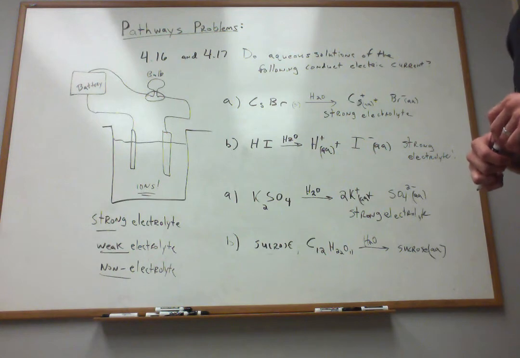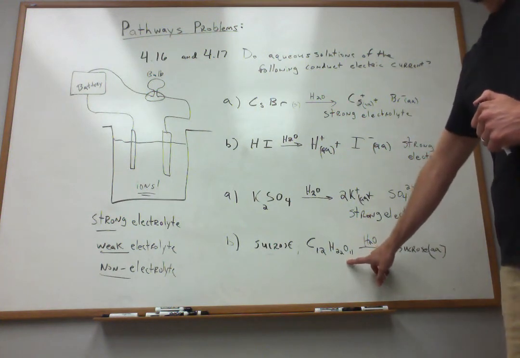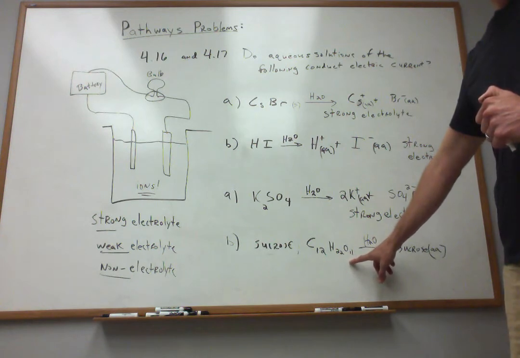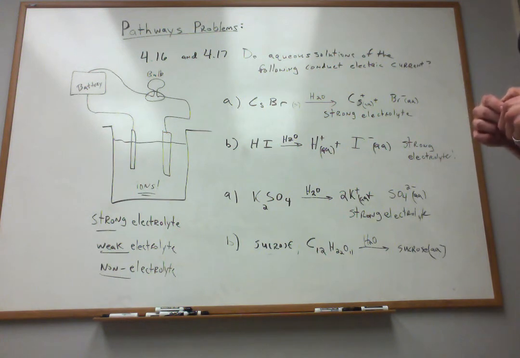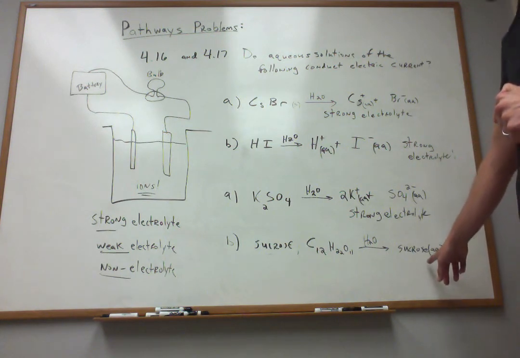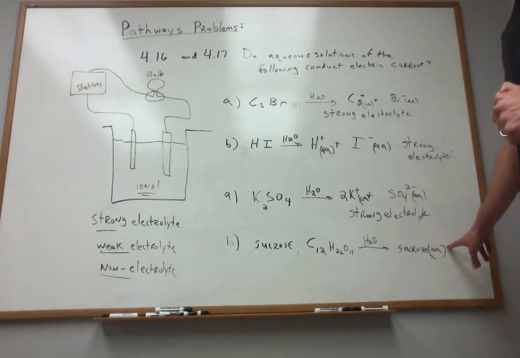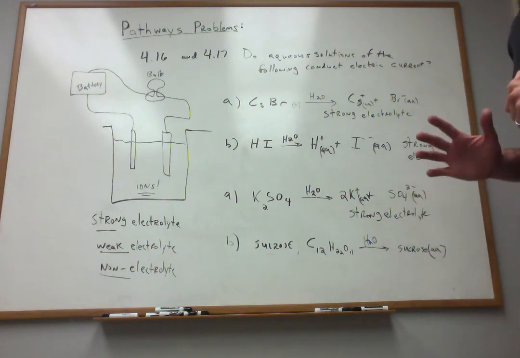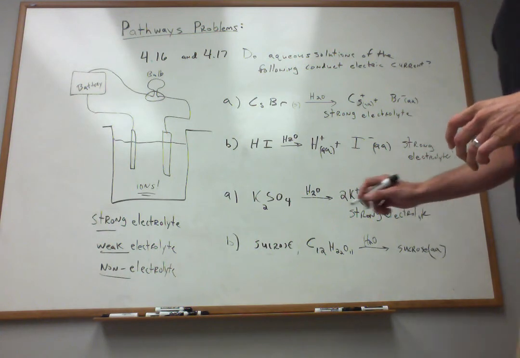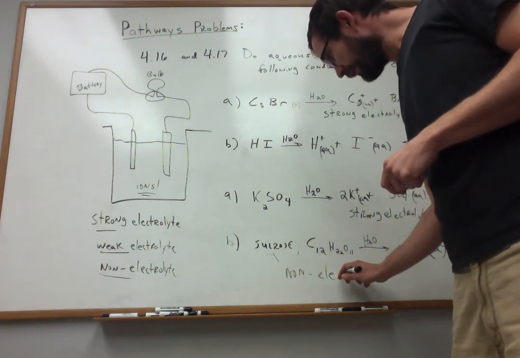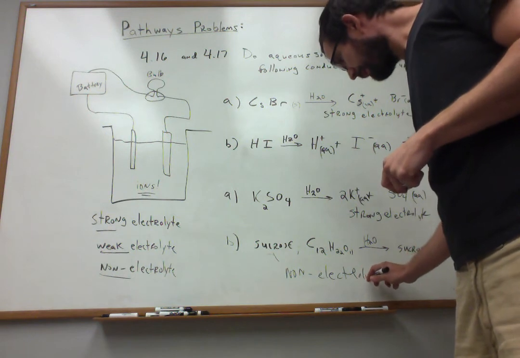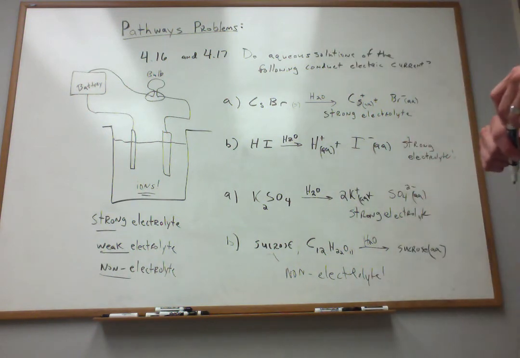It's still there, of course, and the sucrose molecules are still surrounded by water. They're floating around in the solution that's made. But the important difference is that covalent compounds, non-ionic but covalent, tend to not ionize when you put them into solution. As a consequence, we can get sucrose to dissolve, but it's not an ion. And since it's not an ion, it cannot conduct electricity. So sucrose, or any other sugar for that matter, is a non-electrolyte. Not going to conduct current.